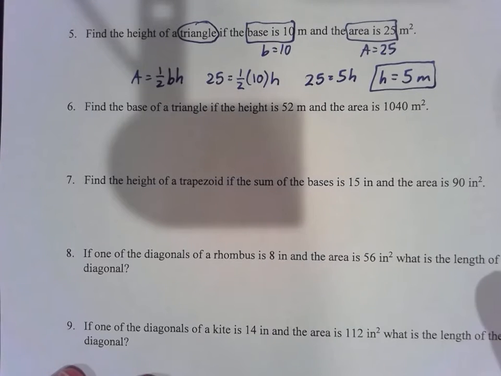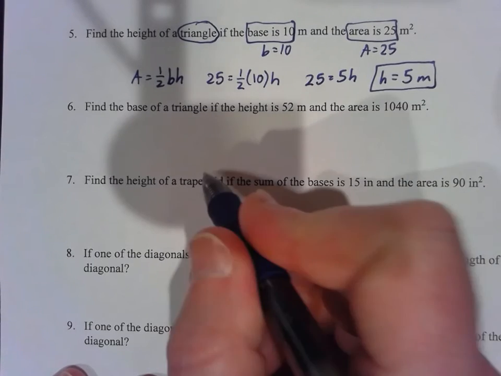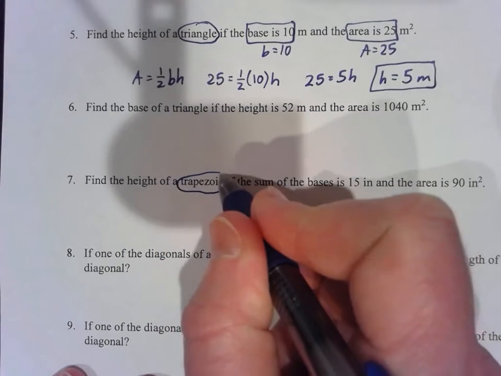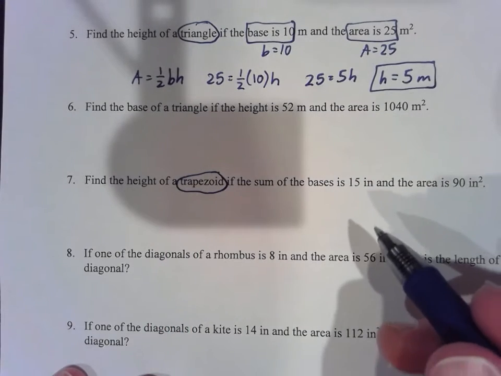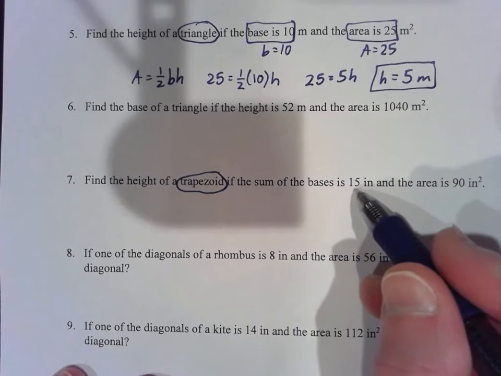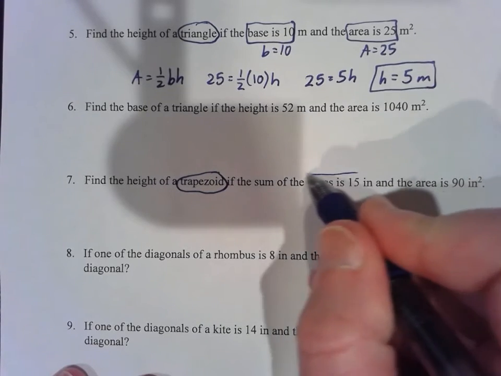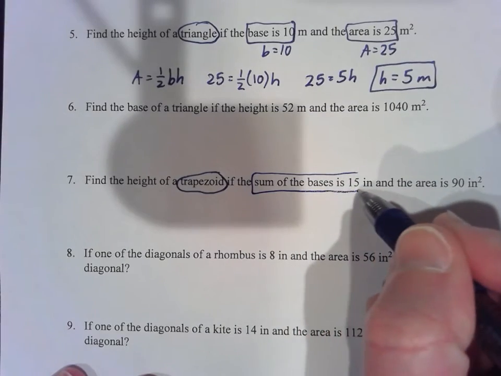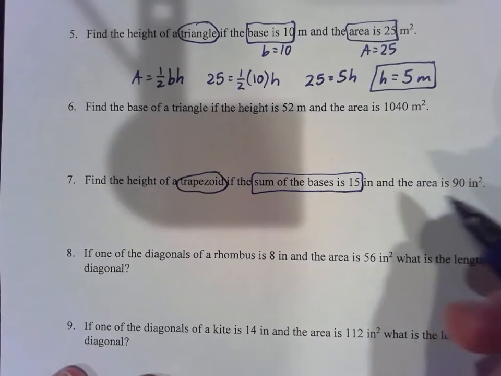Right, number 7. Find the height of a trapezoid if the sum of the bases is 15 inches and the area is 90 inches squared. So I see that it's a trapezoid. And here it's not the base is 15, it's the sum of the bases is 15.